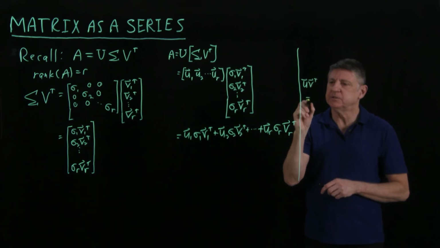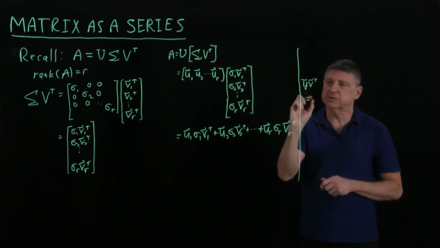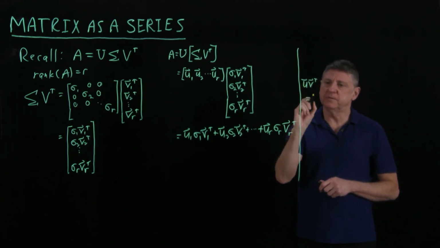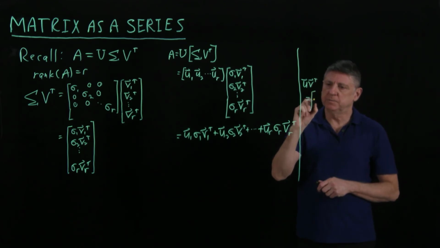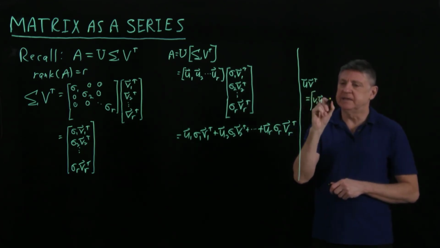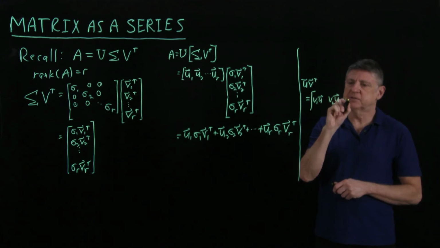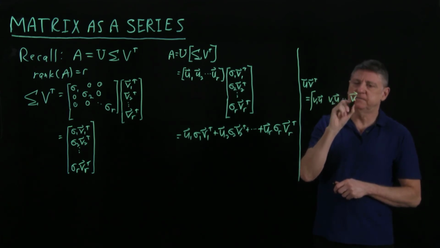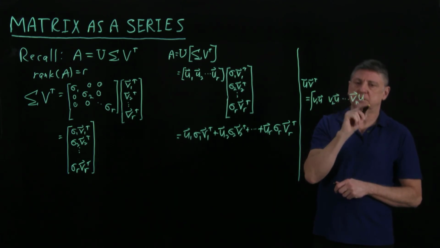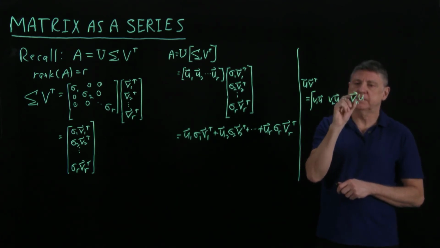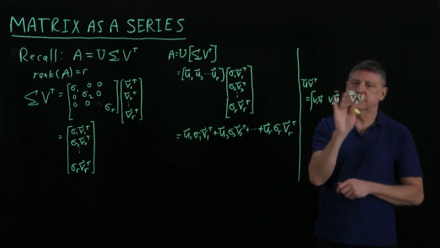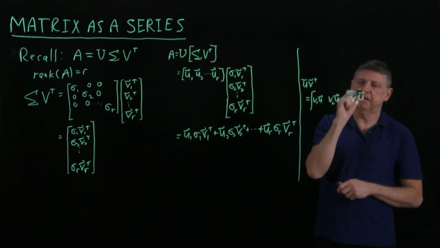Well, that has to be a matrix. The first column would be V1 times the column U, the next column would be V2 times the column U, and so on until we get to Vn times U.